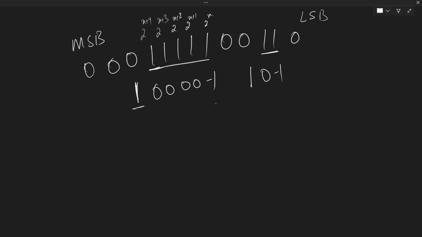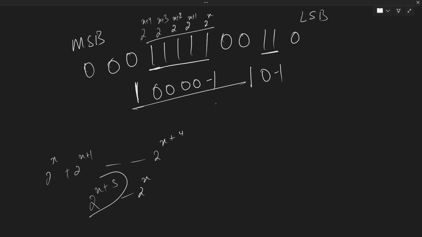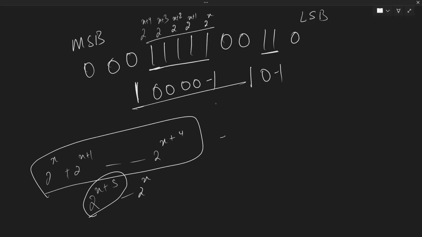So this will give you 2 to the power x plus 2 to the power x plus 1, plus all the way up till 2 to the power x plus 4. And this thing is 2 to the power x plus 5 minus 2 to the power x. So if you subtract 2 to the power x from 2 to the power x plus 5, you'll get this thing.